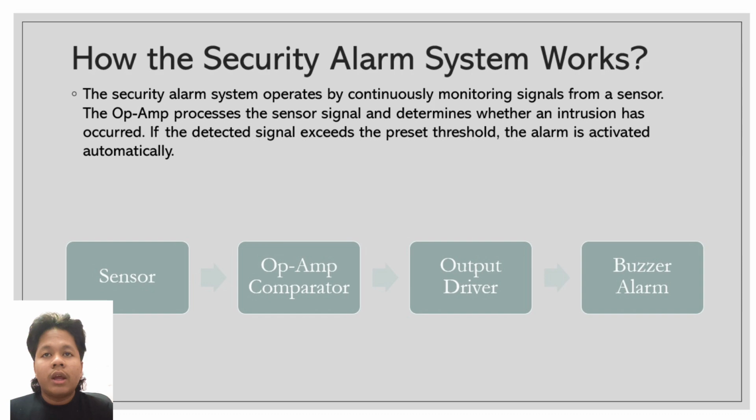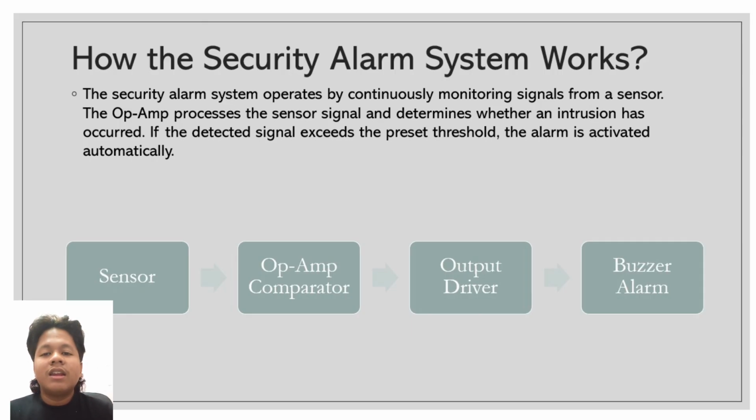However, when an intrusion occurs, such as a person entering a restricted area, opening a door, or triggering a motion detection, the sensor produces a voltage signal. The signal is then sent to the OP-AMP comparator circuit. The OP-AMP circuit analyzes the incoming signal and compares it with a reference voltage.